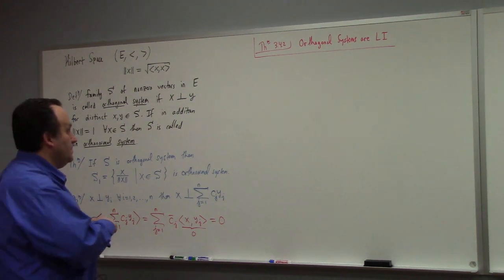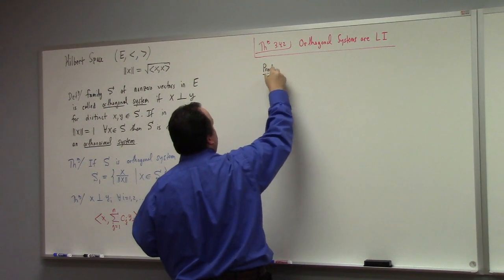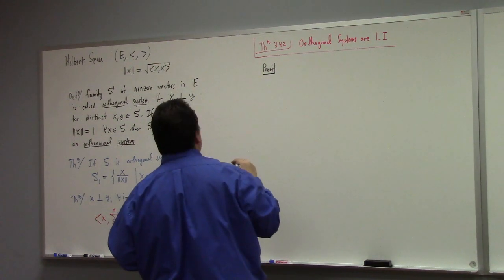So the proof just looks like this, right? What does it take to show something linearly independent?